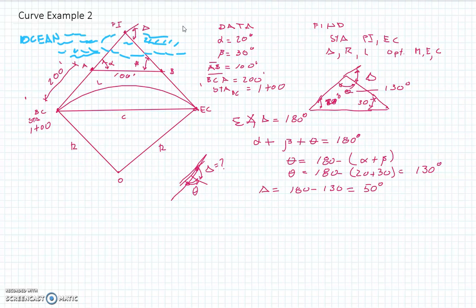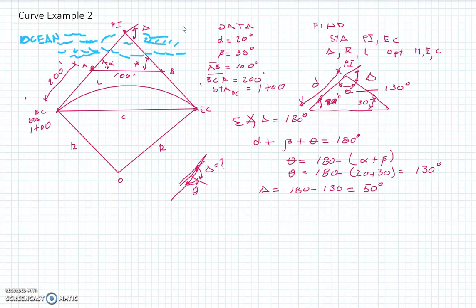From the same triangle, I'm going to find the distance from here to here. I'm going to call this distance D, which is from A to PI. So this is my PI over here.